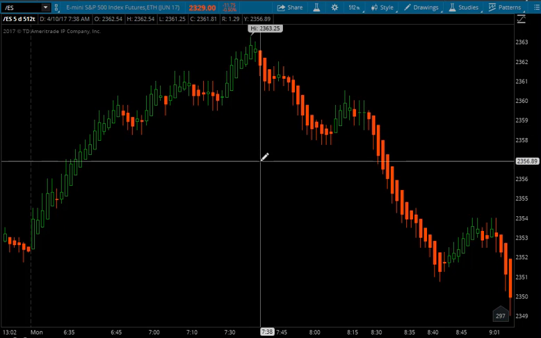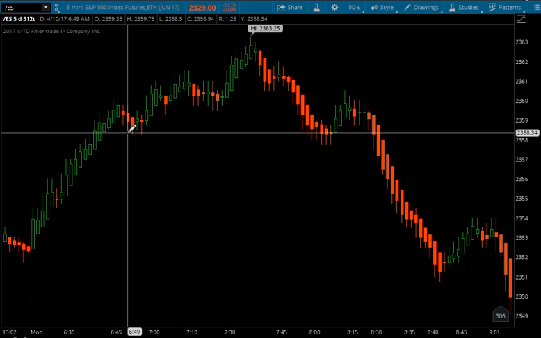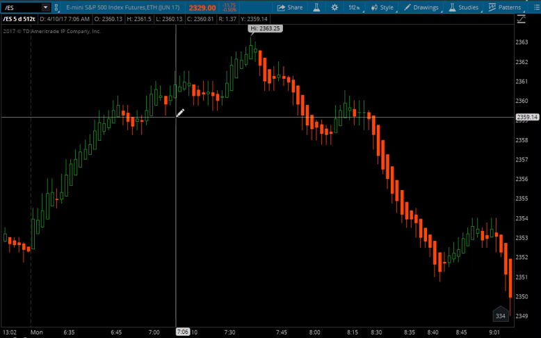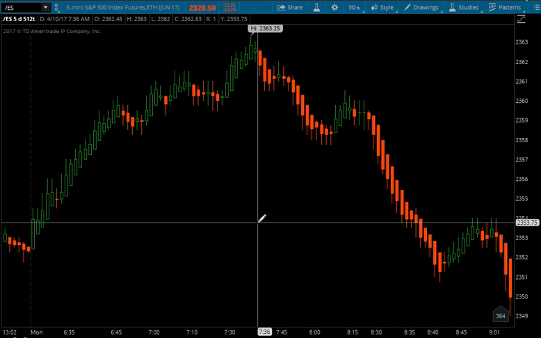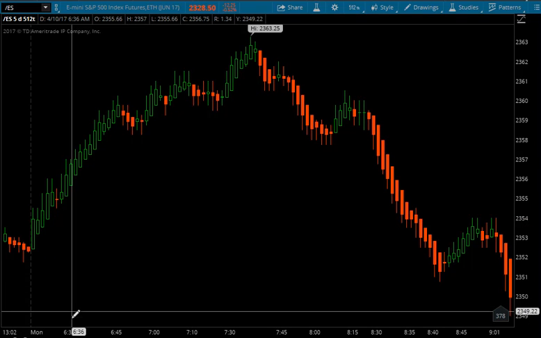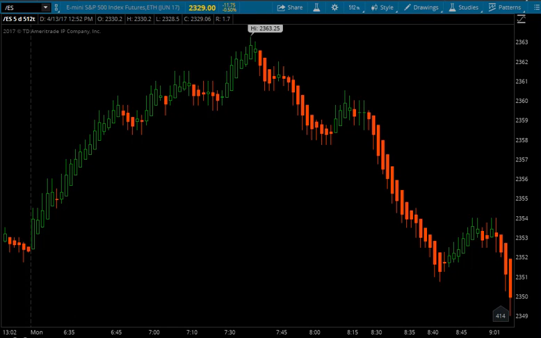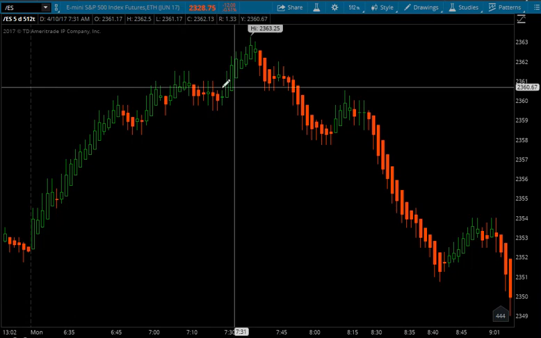And the reason that works is because swing lows or swing highs are the areas that develop a trend. And the trend will change at the swing lows and swing highs.